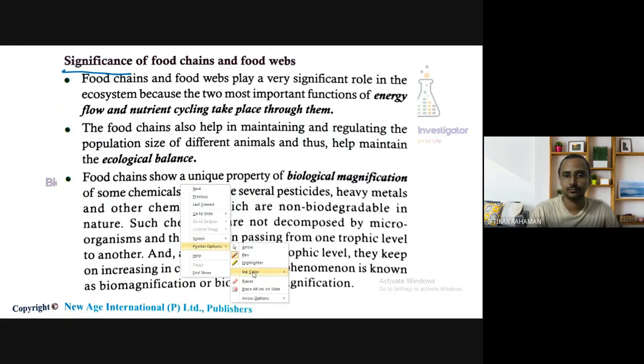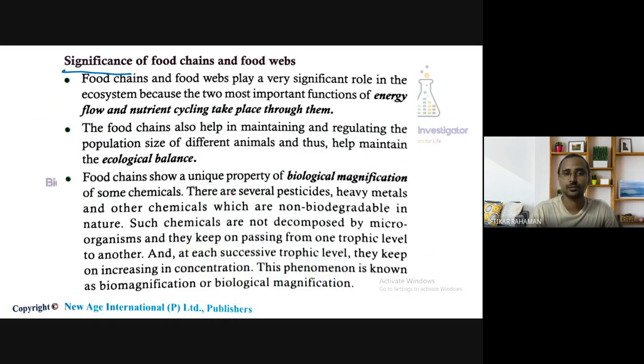Let's just wait. I have to change the color. Okay. So food chains and food webs play a very significant role in the ecosystem because of the two important functions of energy flow and nutrient cycling that we have already talked about in the first or second slide. There is a functional component, that is energy flow.